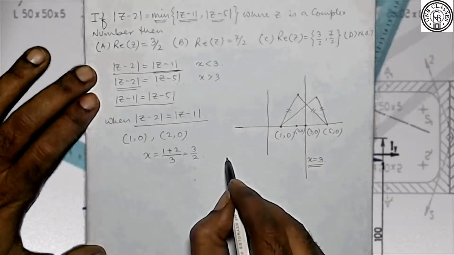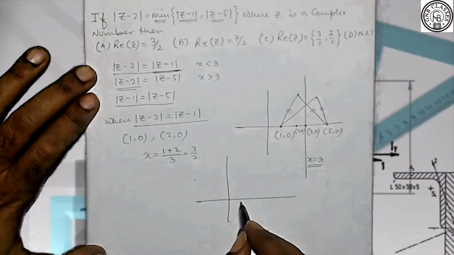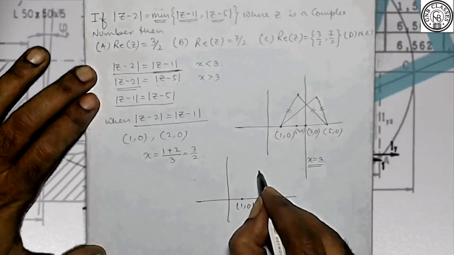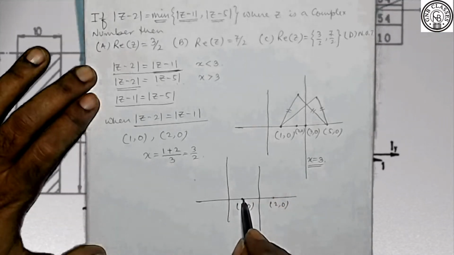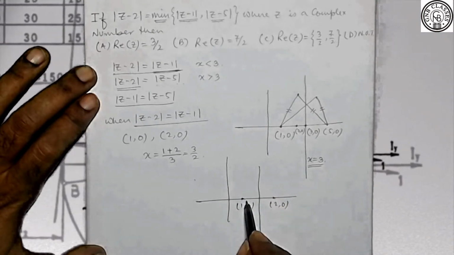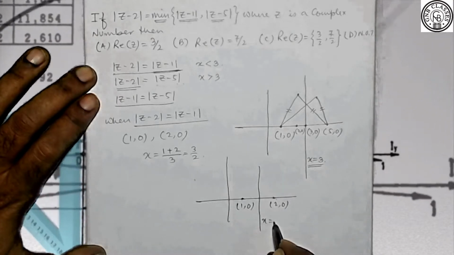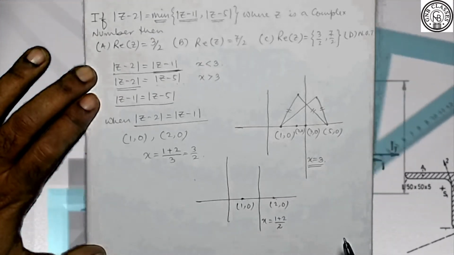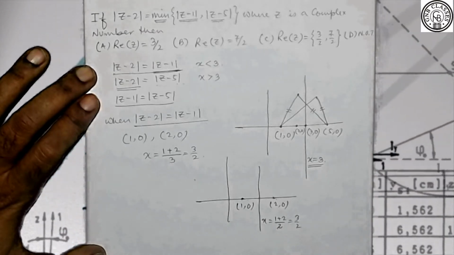Tell me yes or no. See this. If this point is 1, 0 and this point is 2, 0, then the equation of the line which is the perpendicular bisector of the line joining these 2 points will be x equals 1 plus 2 divided by 2, that is 3 by 2. Tell me yes or no.